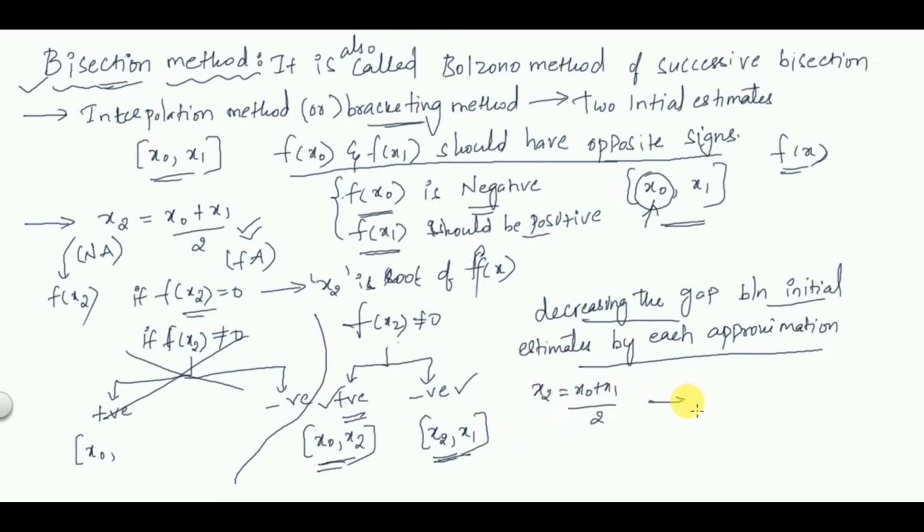The other important point in the bisection method is the fastness of convergence.